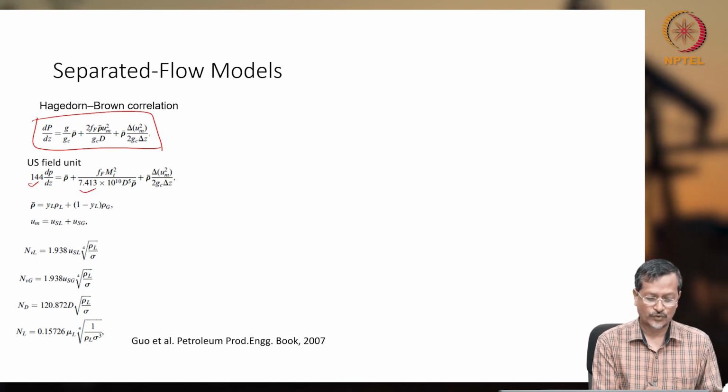And for rho you are calculating yL rhoL plus (1 minus yL) rhoG.